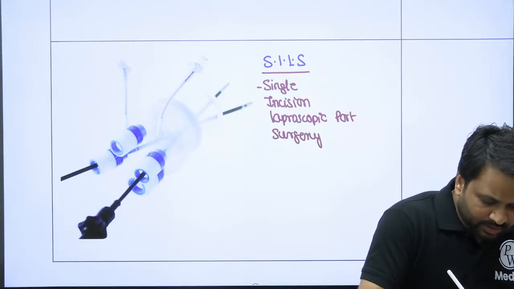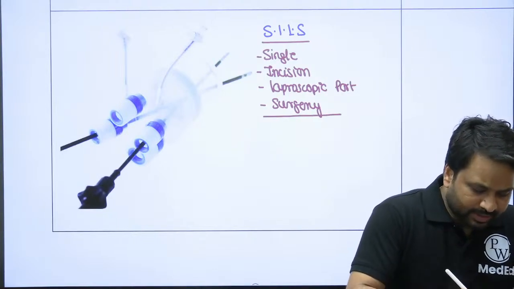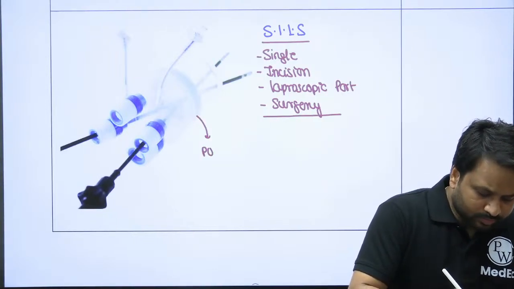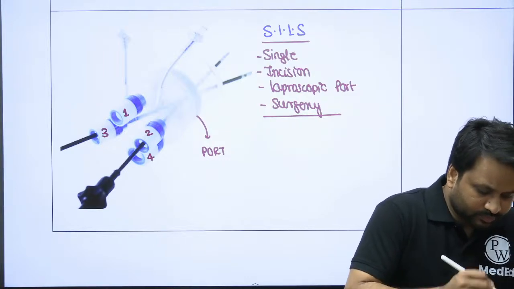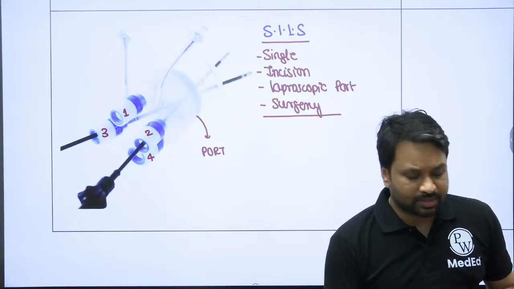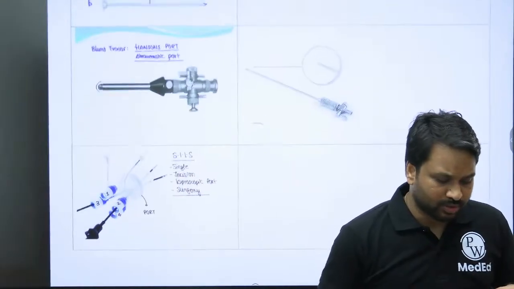SILS stands for single incision laparoscopic port surgery. Now you can see there is one single port and there are 4 axes, right? A single port with 4 axes is what we call SILS. That is a single incision laparoscopic port surgery.